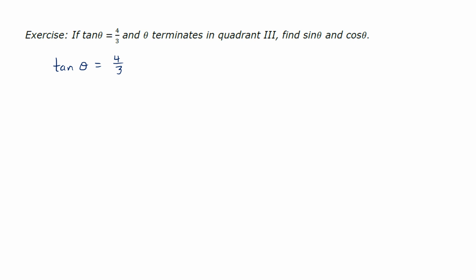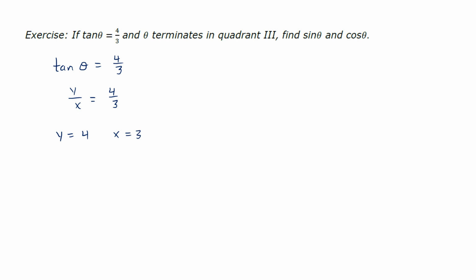That means the ratio, because tan of theta is the ratio of y over x, is 4 over 3. So we can let y equal 4 and x equal 3.